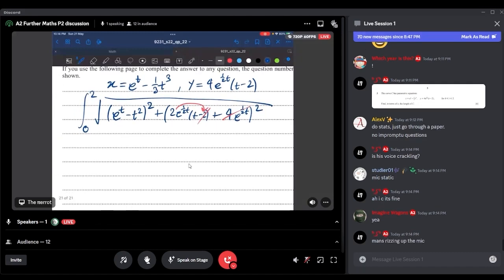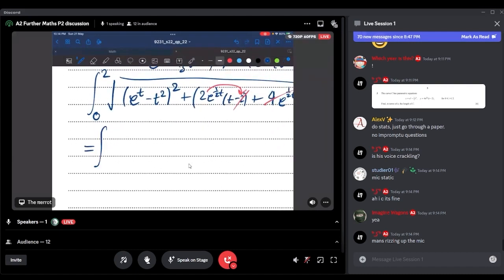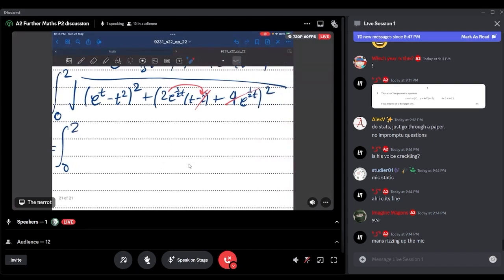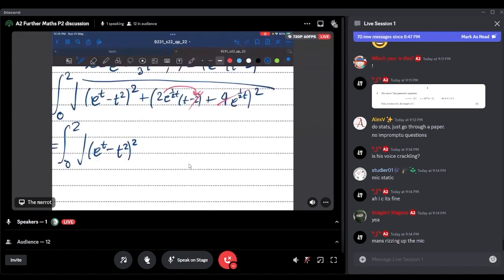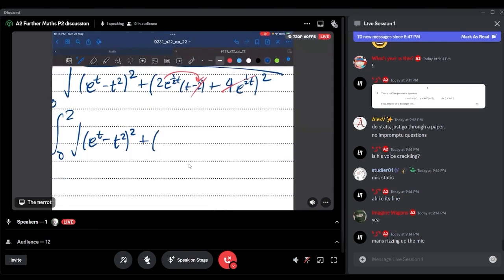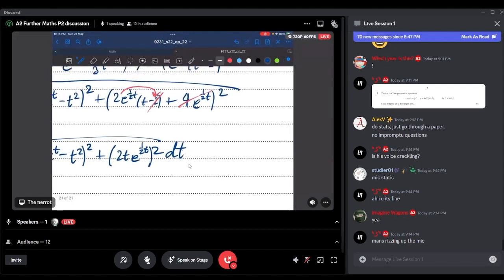Now that we have this, let's just simplify a bit more. Let me just rewrite the whole thing because there's some cancellation here. Right, so now we have 2t e power half t squared dt. All right, so let's do some expansion. Let's open the squares.